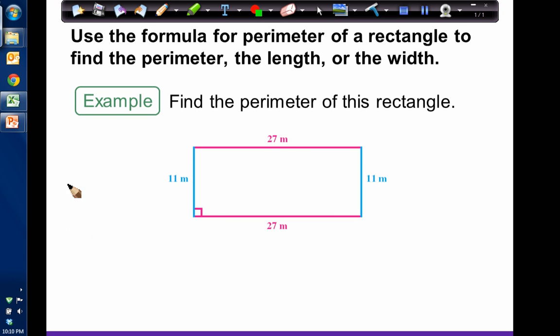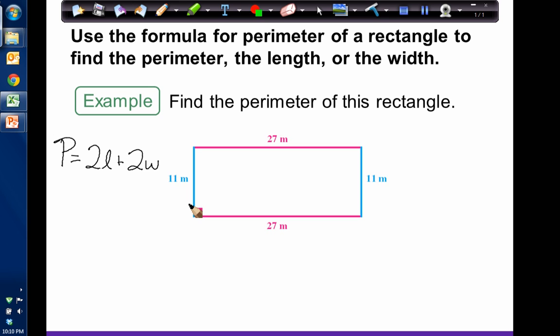So we can come up with a formula to add all the sides together because we know the two lengths and the two widths are the same. The formula would be perimeter equals 2 times the length plus 2 times the width, because we need to add length, length, and width, width.